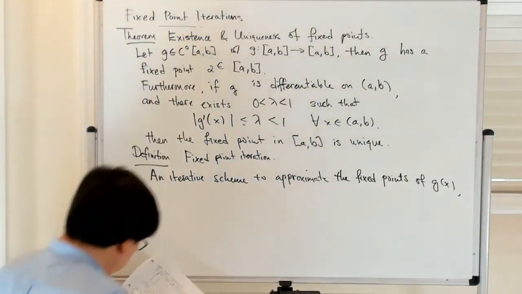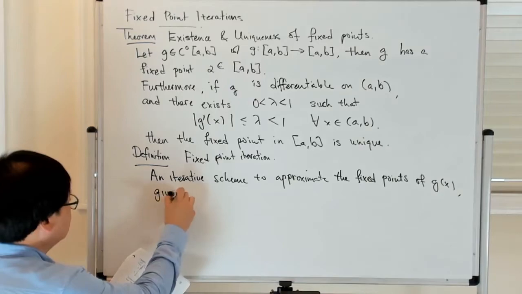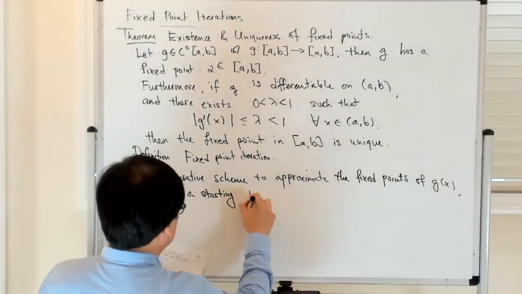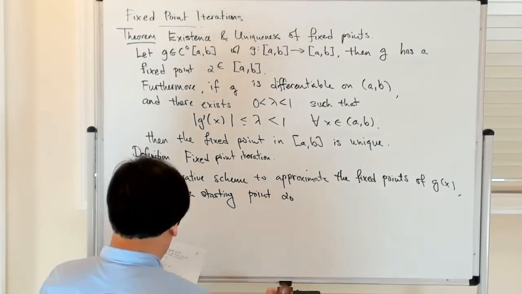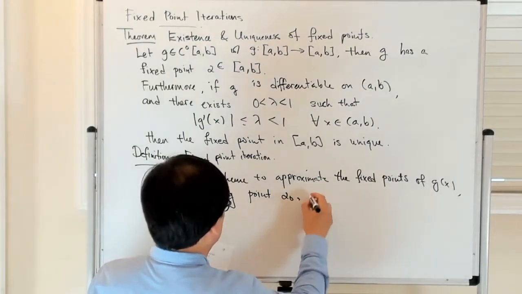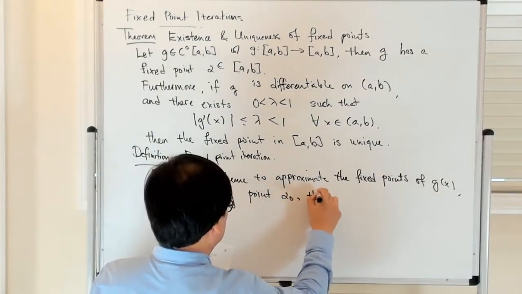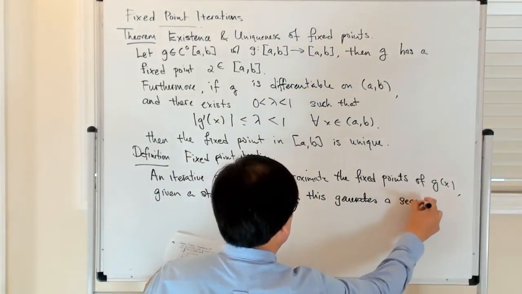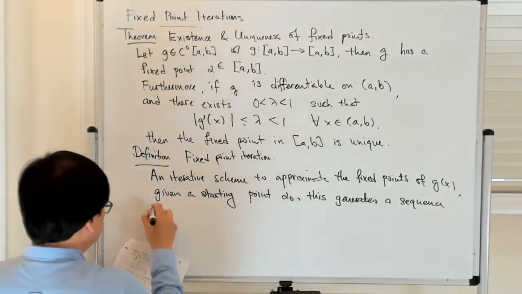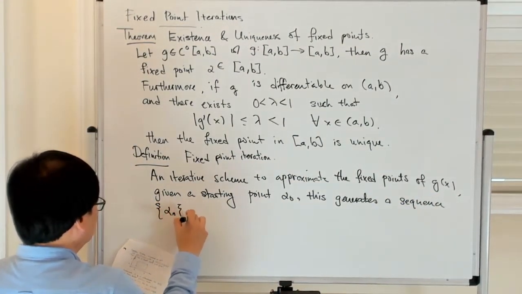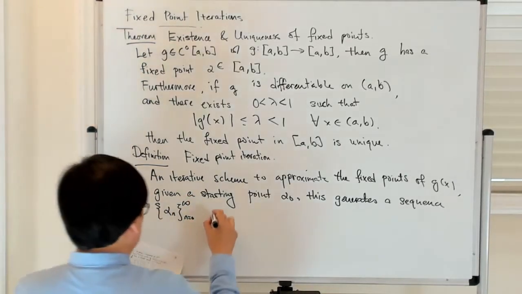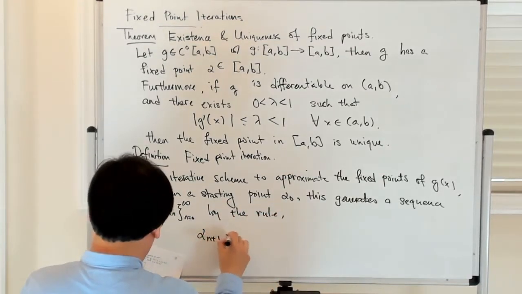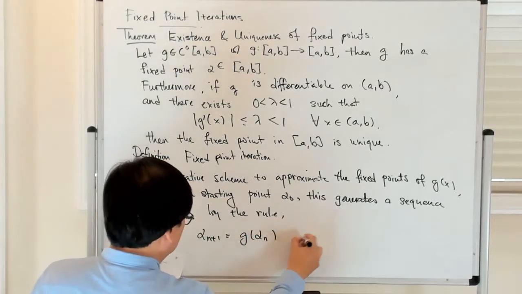Given a starting point alpha 0, this generates a sequence alpha n, n equals 0 to infinity, by the rule that alpha n plus 1 is equal to g of alpha n, n greater than or equal to 0.